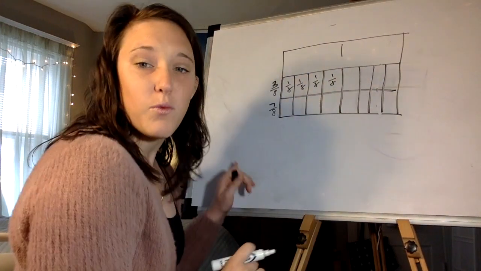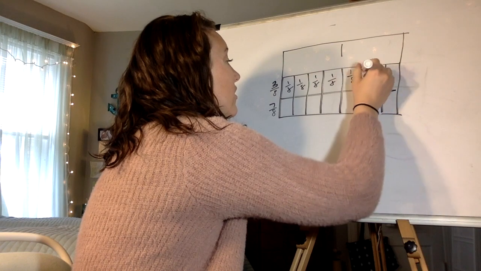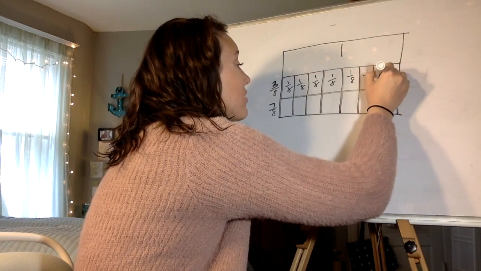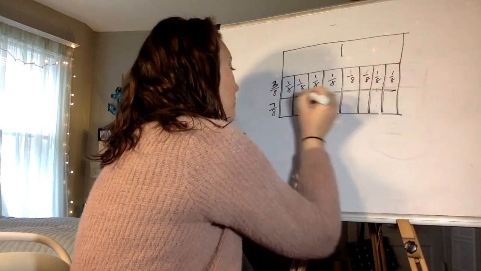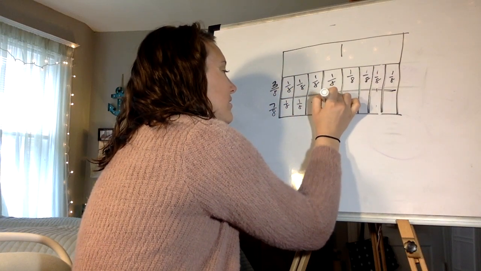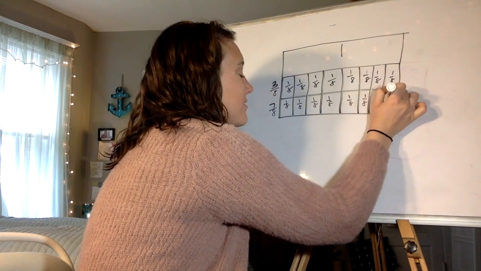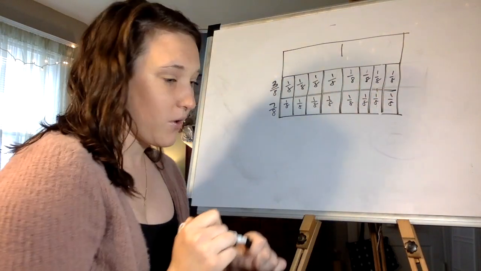And that's because when we're looking at our denominator, we know that there are going to be 8 equal shares. Mine aren't the most equal, but they're equal in your book. All right, so I've got my 1/8 set.